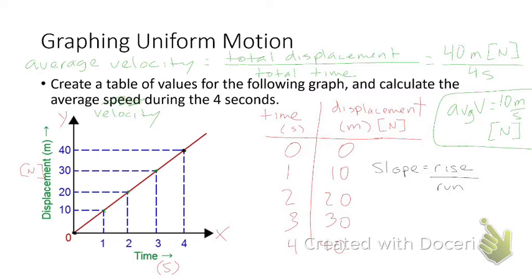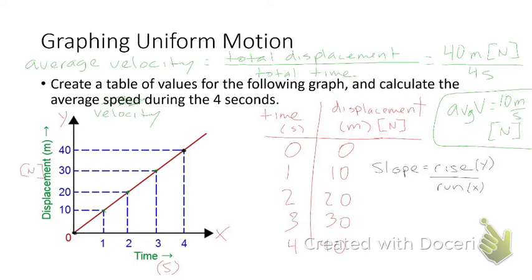So rise is going to be on the y-axis, right? And run is going to be on the x-axis. So how fast is it moving upwards with respect to our horizontal movement on the graph, right? So slope is equal to rise over the run.